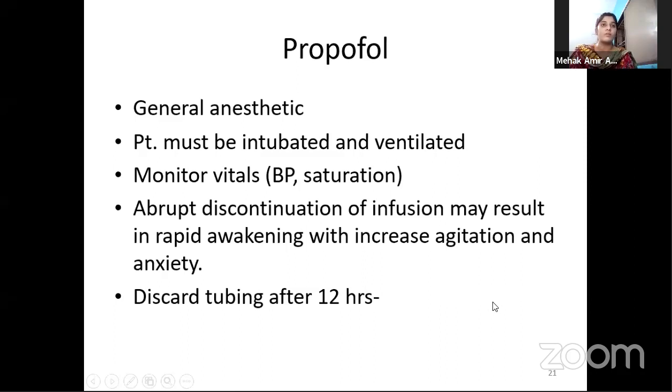A patient gets severely agitated, and if the patient is severely agitated, he or she might pull out the ET tube as well. So you need to be very focused on how to wean off this sedative drug.